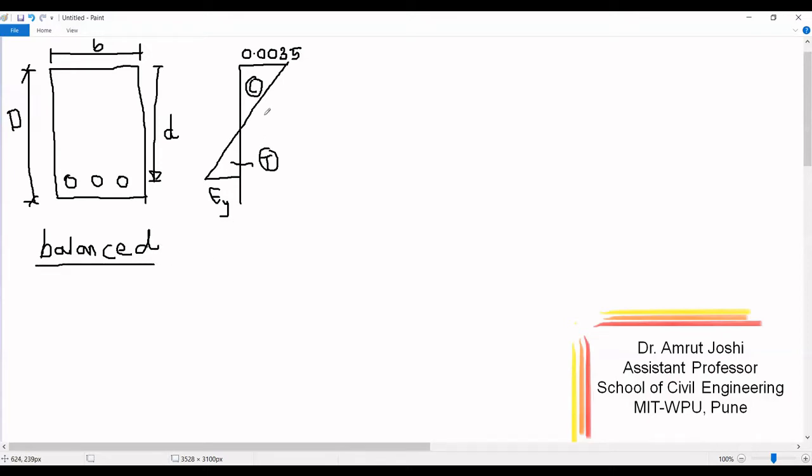At the same time, when the extreme compression fibers of this cross section reach the ultimate compressive strain of concrete, which is 0.0035, the steel on the tension side is going to reach the yield strain, epsilon y.